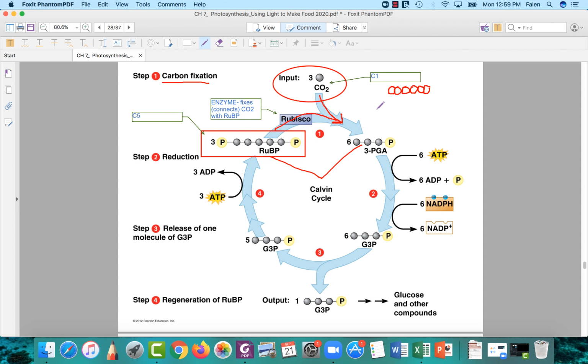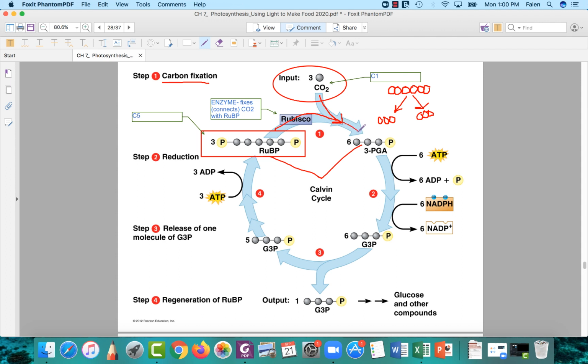Now, we have 1, 2, 3, 4, 5, 6 after carbon fixation. However, that's not going to work. That is an unstable compound, and it's going to immediately split into a C3. 3 here, 3 here. Okay, and that's carbon fixation essentially.